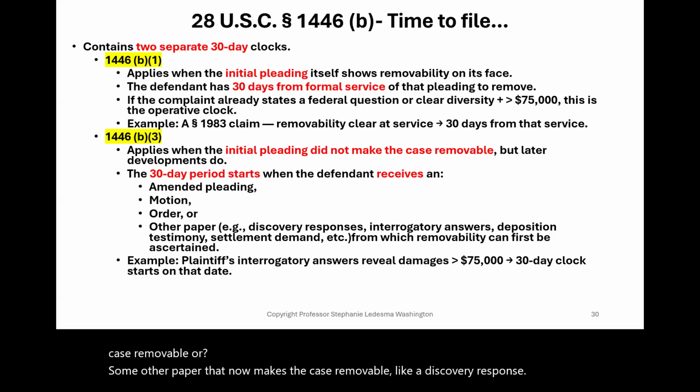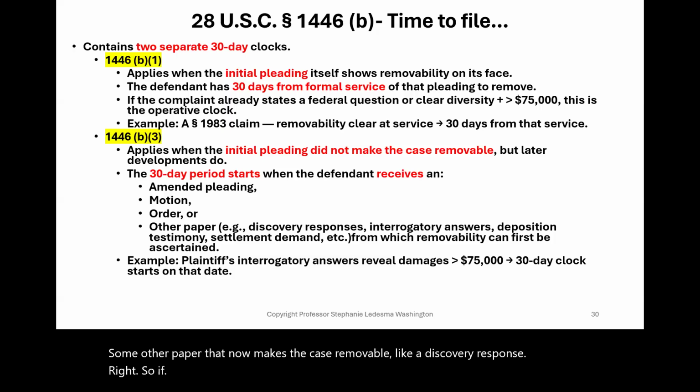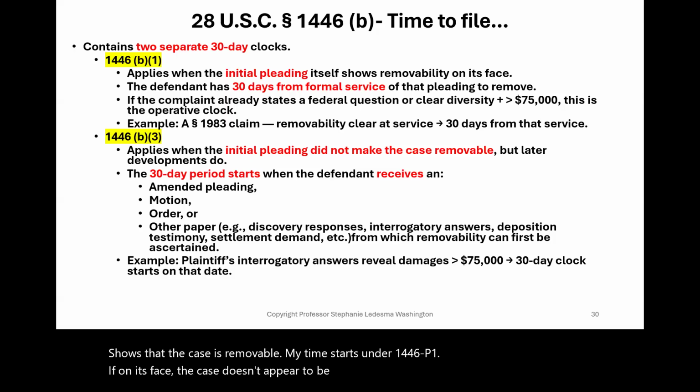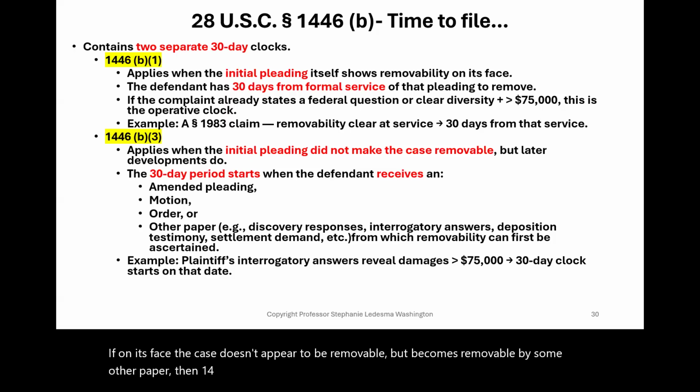So if on its face the initial pleading shows that the case is removable, my time starts under 1446(b)(1). If on its face the case doesn't appear to be removable, but becomes removable by some other paper, then 1446(b)(3) is going to determine by when I would need to file a notice of removal.